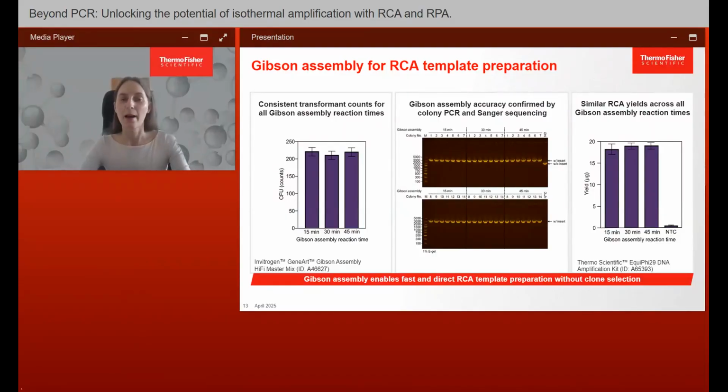So what does it mean? Basically, you can perform Gibson assembly in just 15 minutes, skip purification, and go straight into RCA. And this makes this whole workflow fast and efficient. However, you should keep in mind that for more complex assemblies, clonal selection may be necessary to ensure correct RCA product formation.